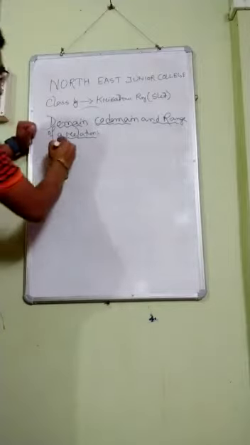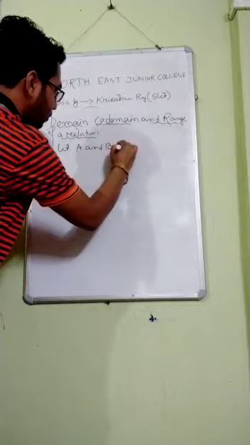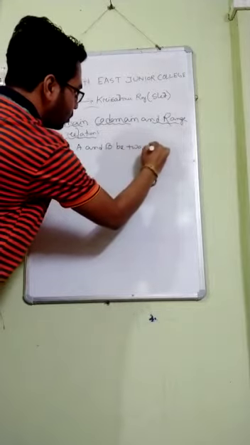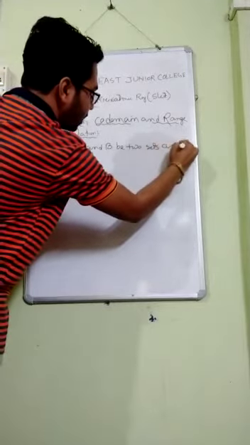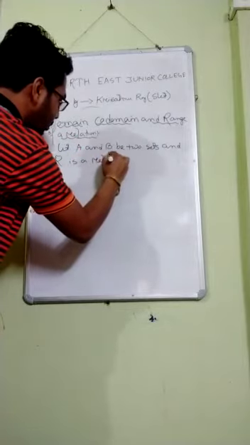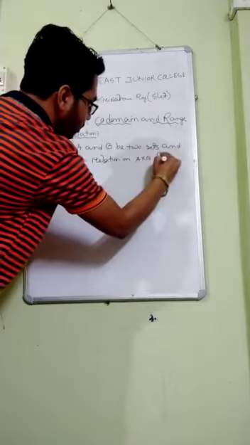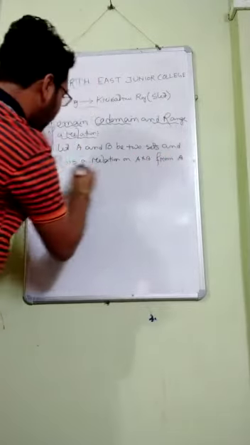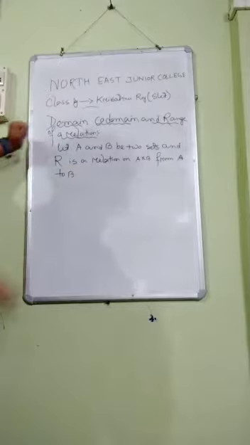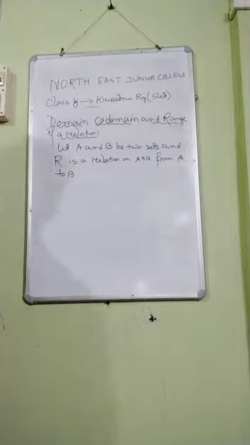See, suppose A and B are two sets and R is a relation on A cross B, from A to B.